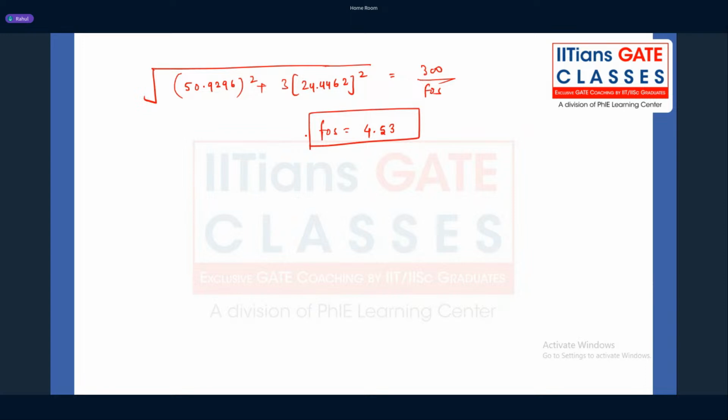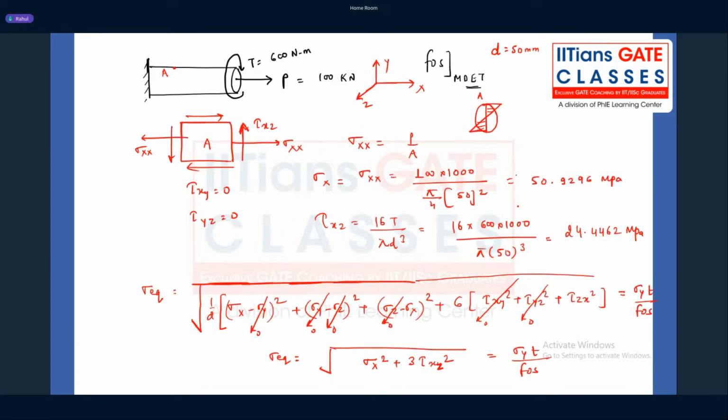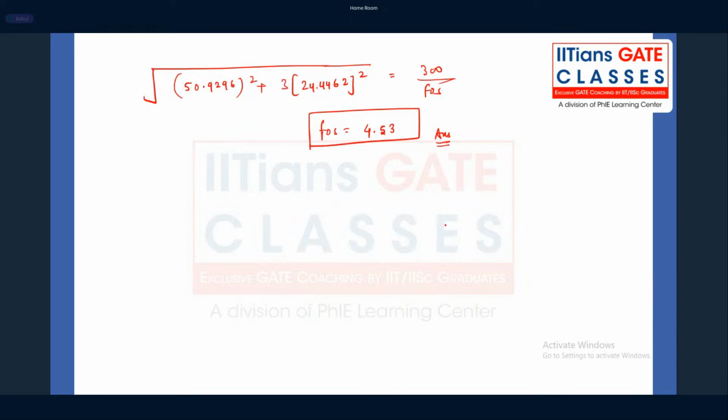If they are asking round up to 2 decimal places, so that should be the answer for factor of safety. Don't try to find out the sigma 1 and 2 principal stresses. Again, from that also you can get the answer, right? But don't try to make your calculation a little bit lengthy, right?